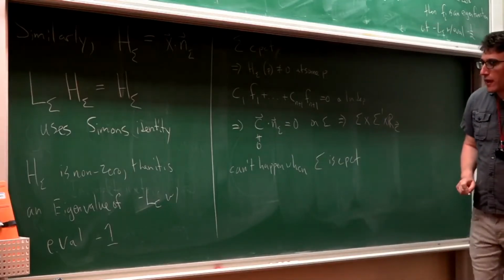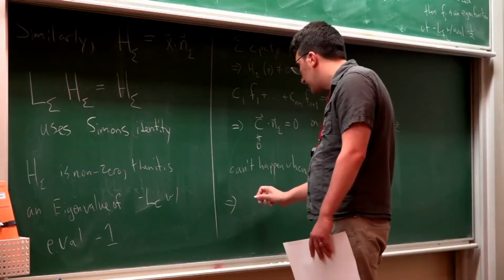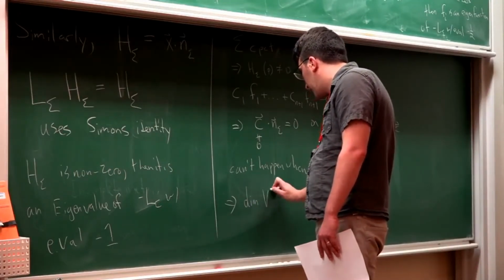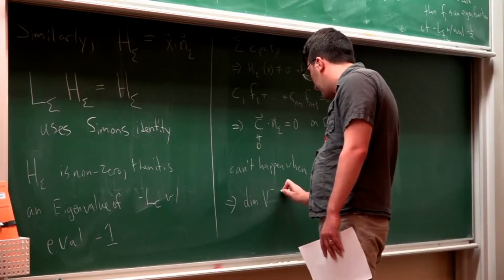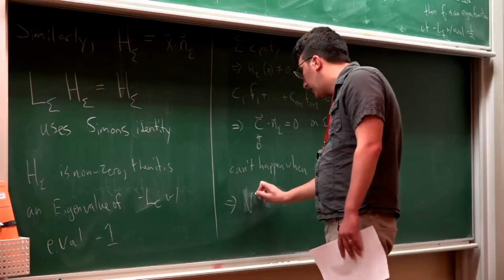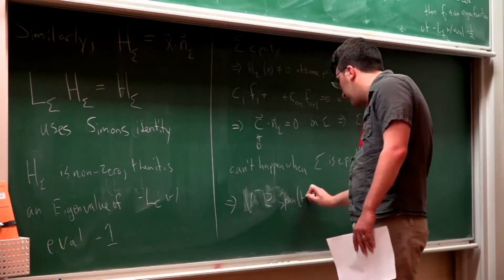So that implies the dimension of V minus is greater than or equal to... well, let's put it this way: V minus contains the span of these functions, H.